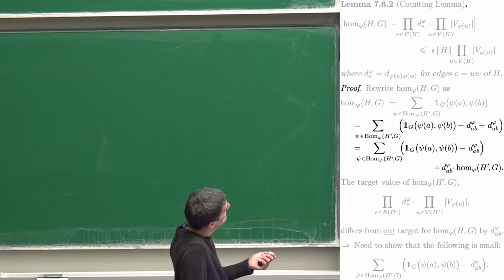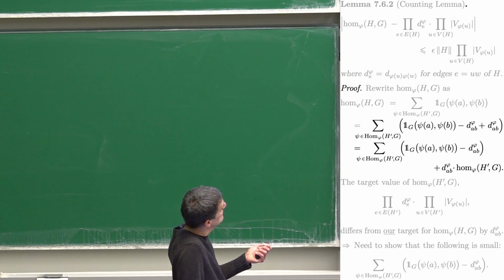So here, the left summand, which is the sum over all the phi-partite homomorphisms from H prime to G, sums all those indicator function minus d phi AB.